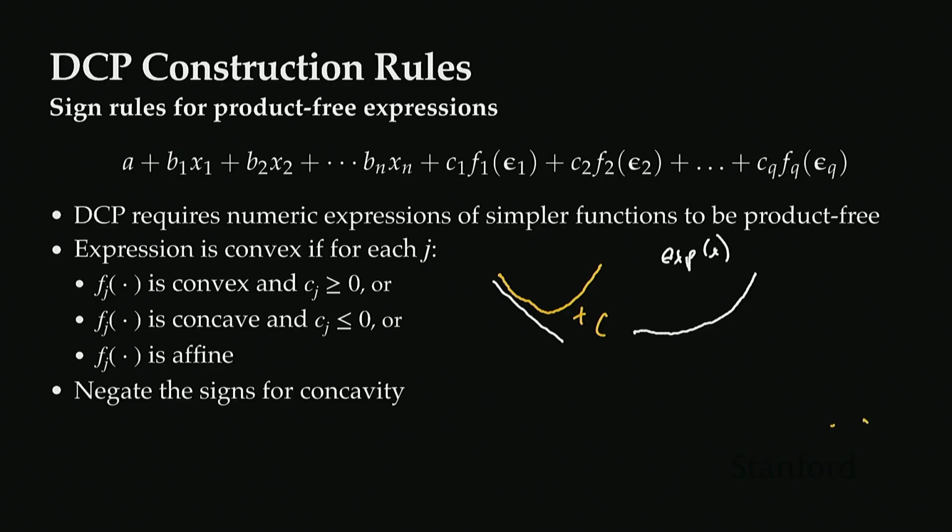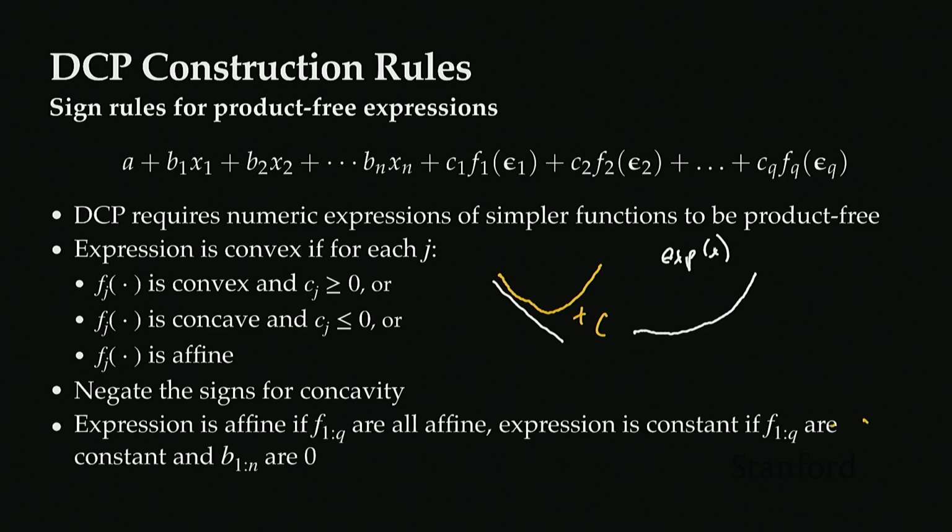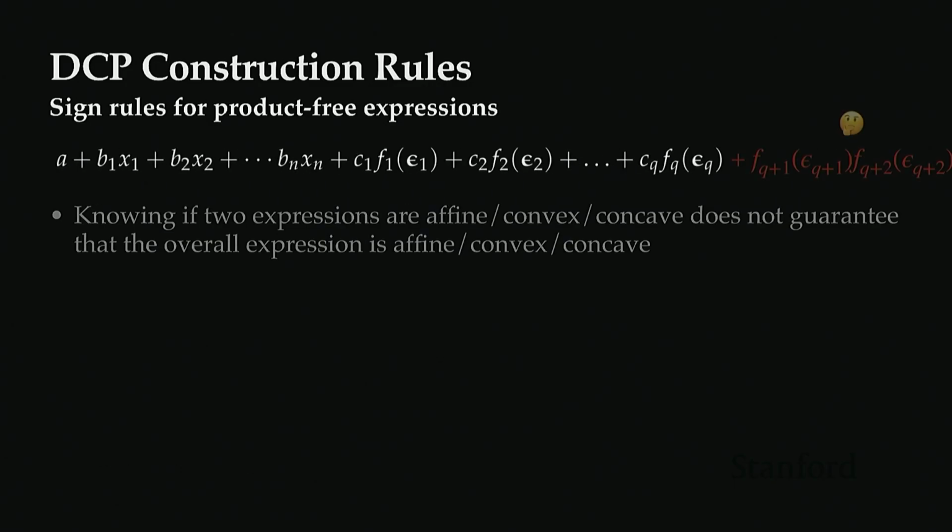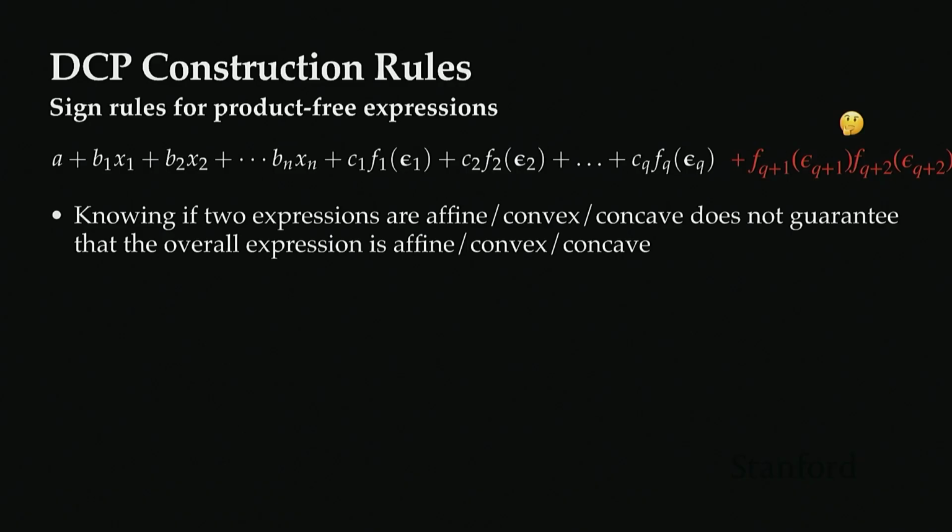For these same rules, you can negate them to get the rules for concavity. You can also say that this expression is affine if all the f's are affine, and constant if all of the functions are constant and the b's, the things outside of the actual variable terms, are 0. So that's it for sign rules for product-free expressions. Now, why can't we add products here?